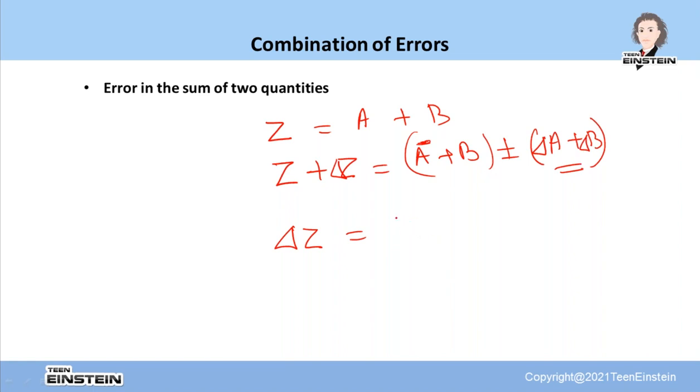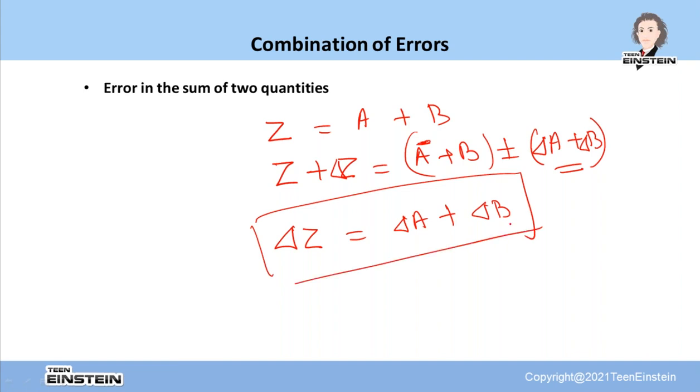So it always has to be written as the sum of the errors in the individual quantities. This is the case of summation. Why is it so? Why have you not taken the minus? We have excluded the minus because error always has to be maximized.